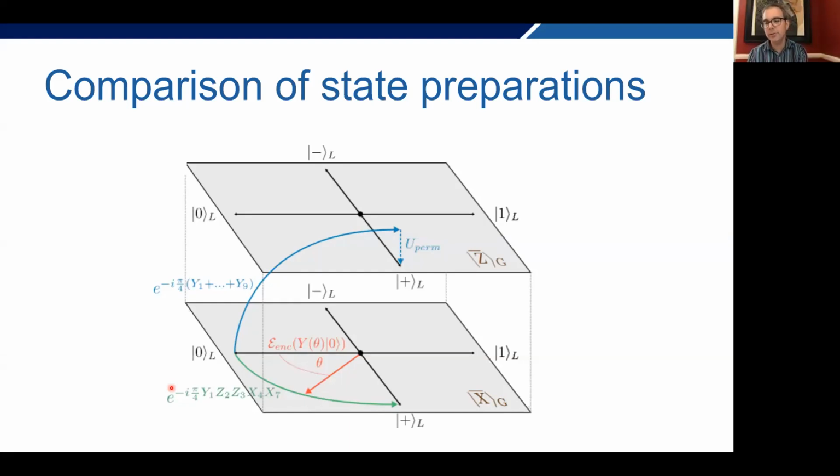If that doesn't preserve your gauge, you'll end up with an entanglement between your logical data and your gauges, which is very disastrous. So there are some limits on what you can do in this space of gauges. But there are many, many possible gauges. Well, for the 9-qubit code, not so many, but generically.